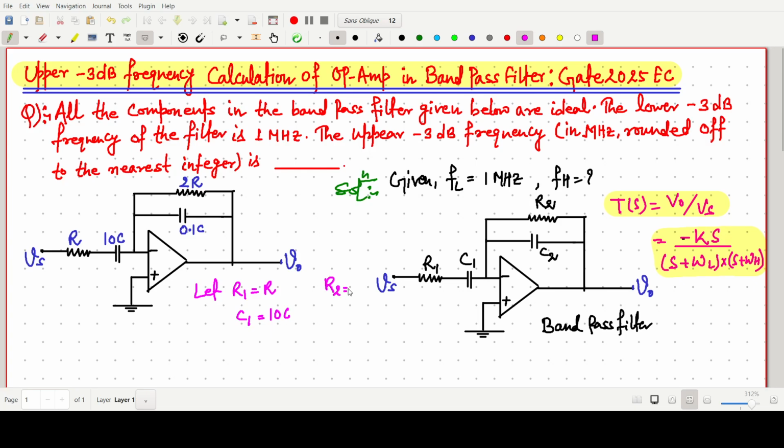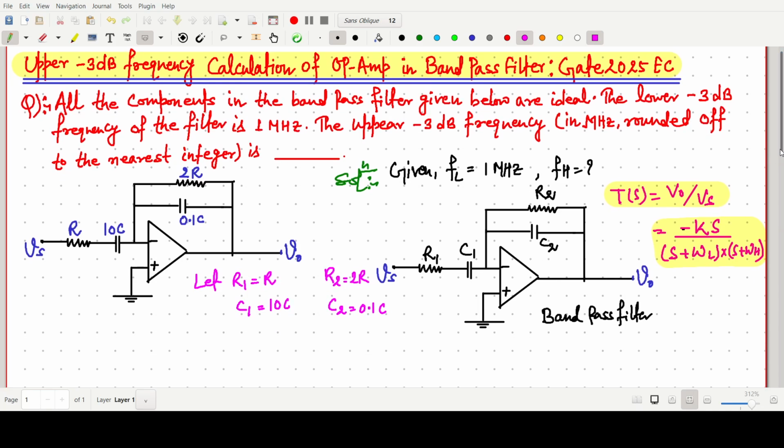Similarly, R2 is 2R, and C2 is 0.1C. So this is what we have assumed. Once again, I will tell you why I am doing this.